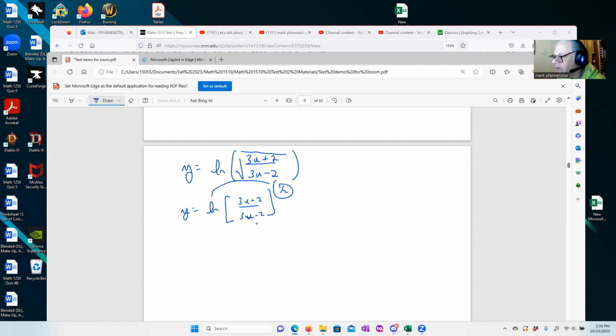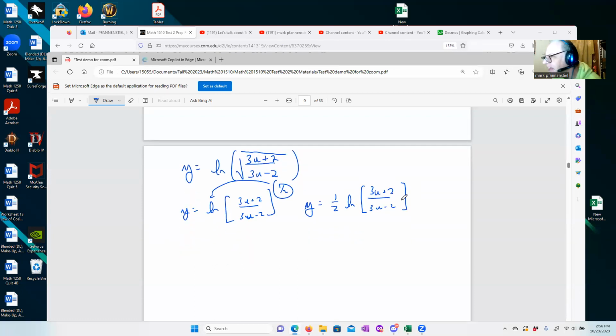This is going to come down in front. Again, this is a logarithm rule, not a calculus rule. So we have y is equal to 1/2 times the ln of 3u plus 2 over 3u minus 2. Now, I know as much as you guys are really dying to go through and do another quotient rule, I can hear you from here. Oh, we don't get the quotient rule?